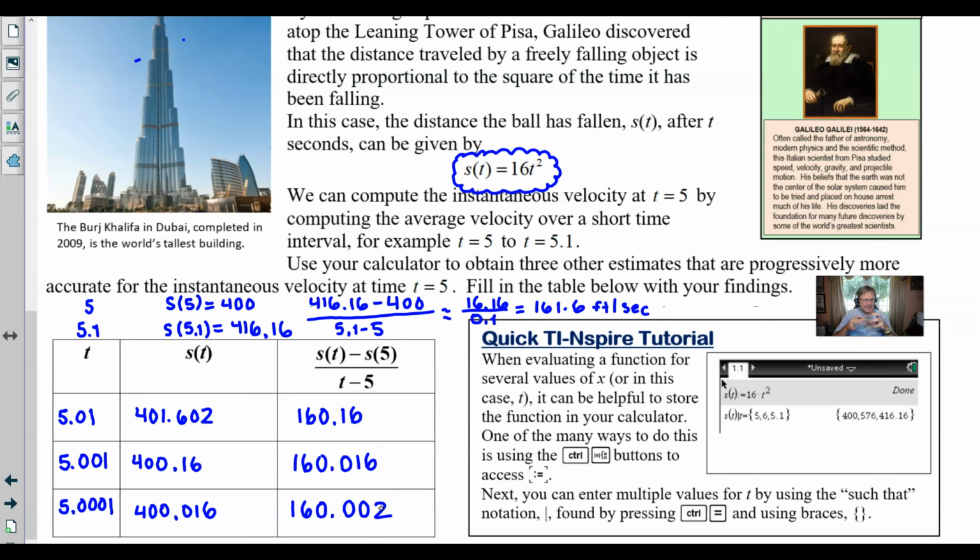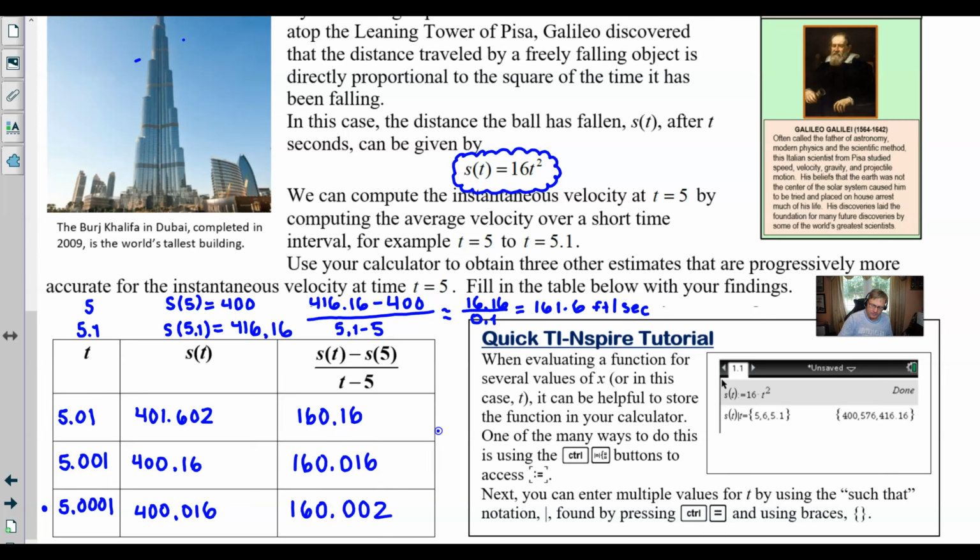I think my point is probably going to be easy to make now. And that simply is, as we narrowed the gap from our time after t equals 5 to the time 5, which is the closest that we got right here, what would you say that this average velocity is approaching?